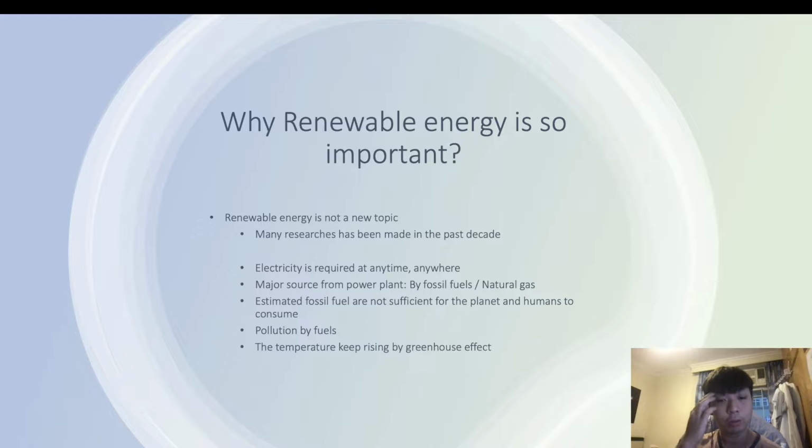However, the major source from the power plants in Hong Kong is fossil fuels or natural gas. The estimated fossil fuels are not sufficient for the planet and humans, and using fossil fuels raises many problems, for example, pollution and temperature rising by the greenhouse effect of too much CO2.